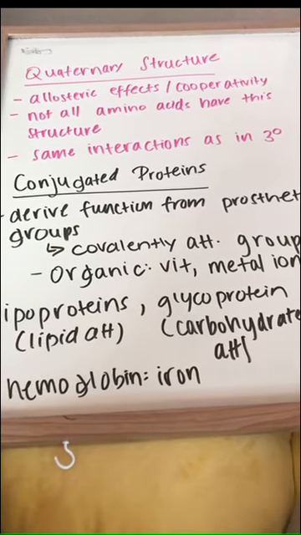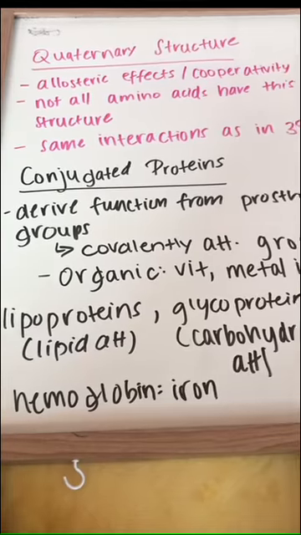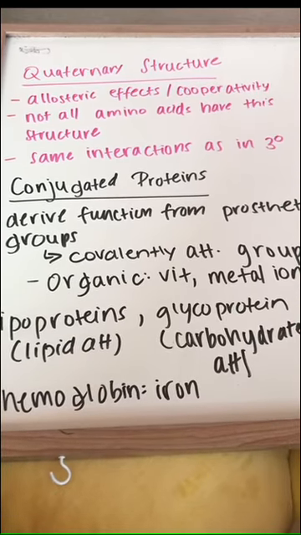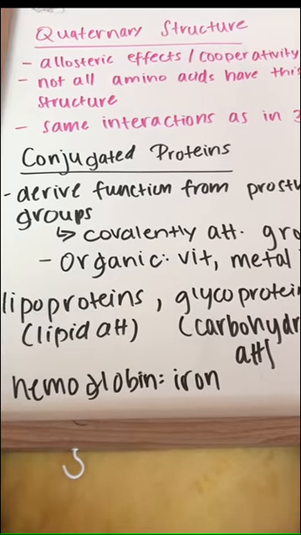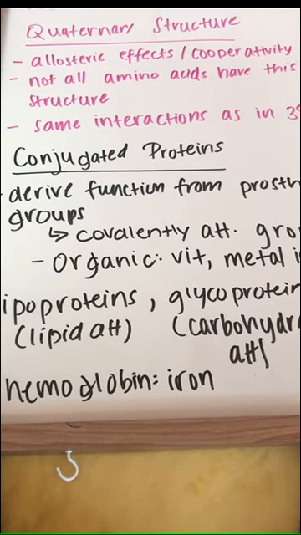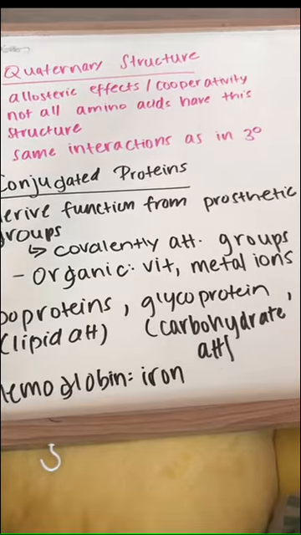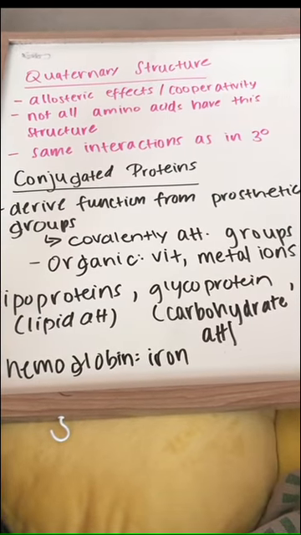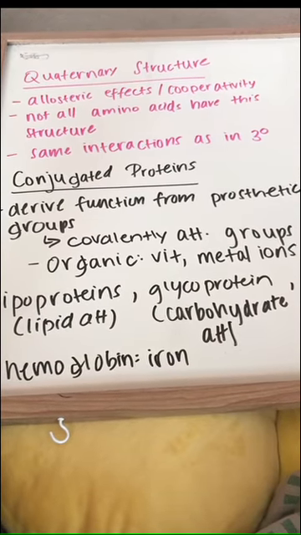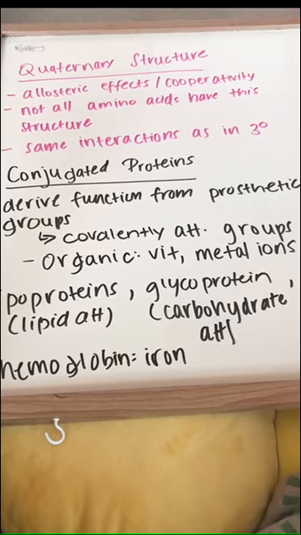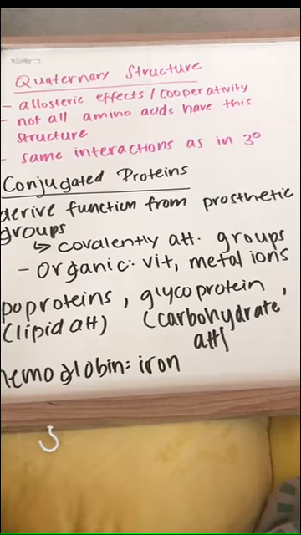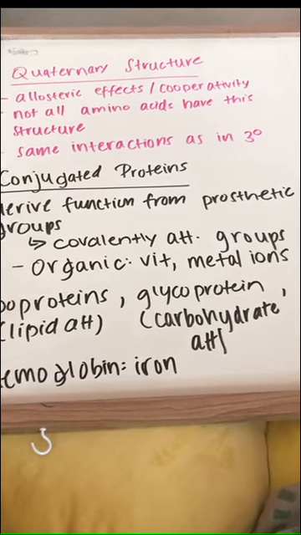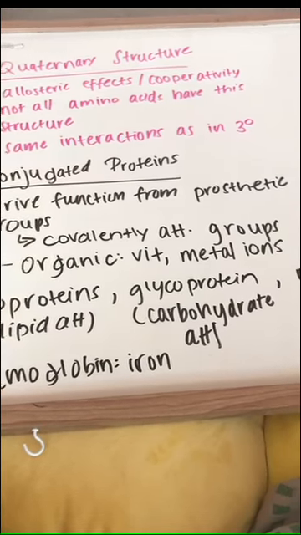The next topic is called conjugated proteins. What conjugated proteins are is that they derive their function from a covalently attached molecule. These groups are usually called prosthetic groups, and what these prosthetic groups are is basically covalently or permanently or temporarily attached groups that increase or decrease the function of the protein.